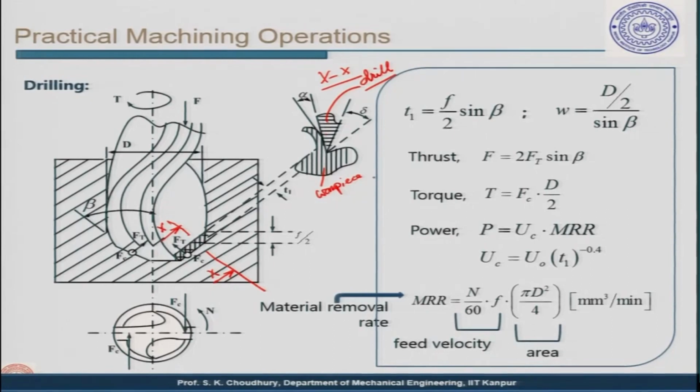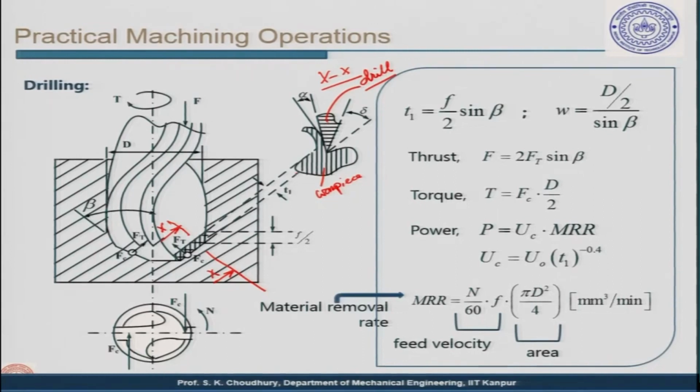This is very similar to turning, but here only one tooth, one cutting lip is shown, and the other cutting lip is on this side. In one section you cannot get both of them. So, this is the picture with the workpiece and the tool. In this case, the tool is the drill.